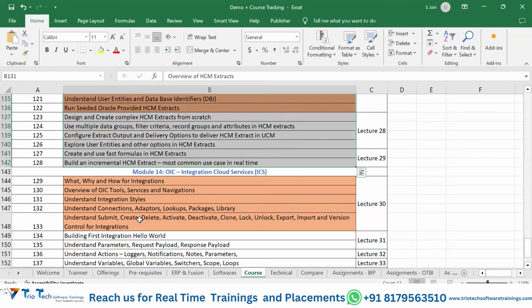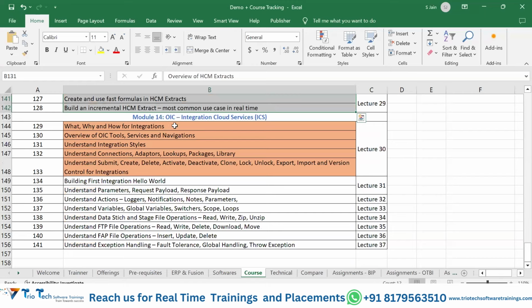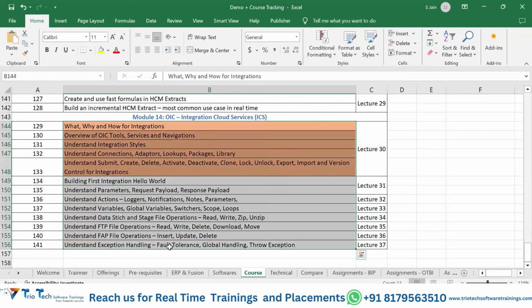Okay. And guys, the last and most important is a specialized tool, Oracle Integration Cloud. OIC is the tool. In OIC, we have a platform where we will be learning hands-on transactions, hands-on building of integrations, and all the different concepts, tools and techniques available to build the integration. Those integrations are between two or more technologies, two or more different applications, to exchange the data from source application to target application.